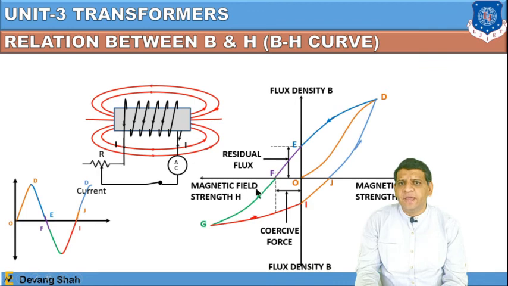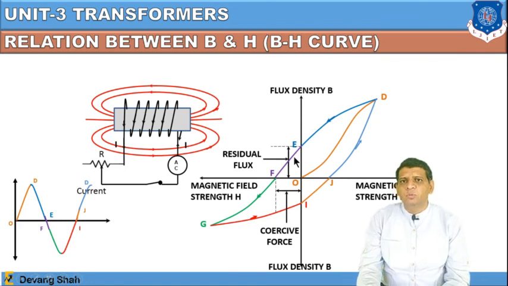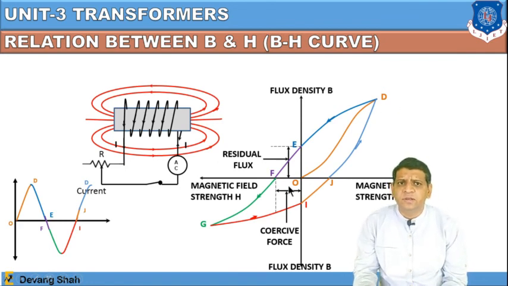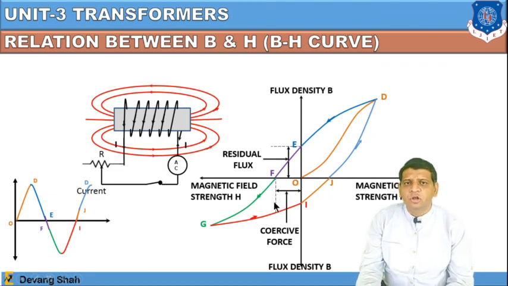Then E to F, F to G, G to I to J, and J to D. This loop is defined as a BH curve, or this particular loop we define as a hysteresis loop, right? So always for the first quarter cycle you will get 0 to D, and then your complete circuit operation will be moving from D to E, E to F, F to G, G to I to J, J to D, and again from D to E. This motion is continuously moving this way. The operation is continuous. So that's why it is considered as a hysteresis loop, right?